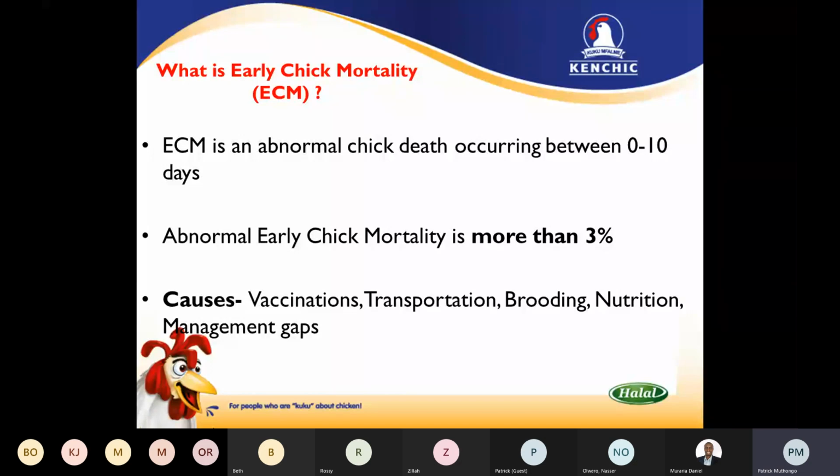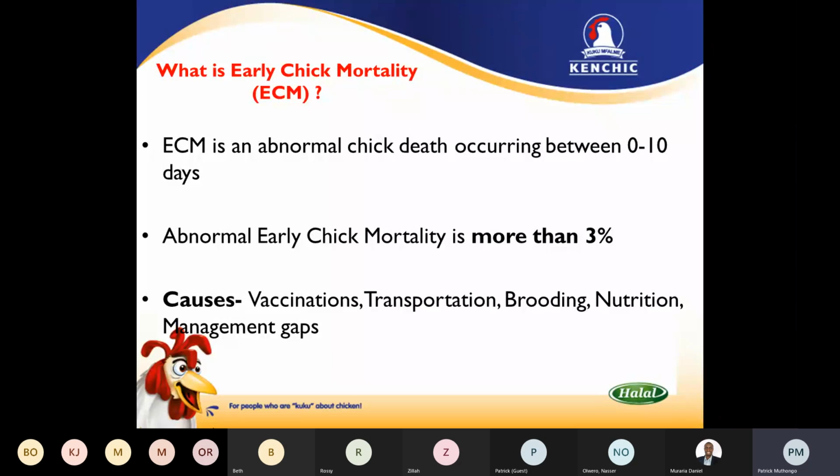For example, you have around 200 birds placed, whether they are broilers, layers, or your very nice improved kienyeji birds, Kenbro as KENCHIC supplies, and out of the 200, probably you're losing 2, 3, 4, a progressive mortality, then that is an abnormal chick mortality.